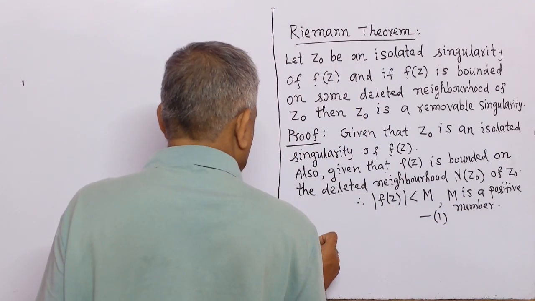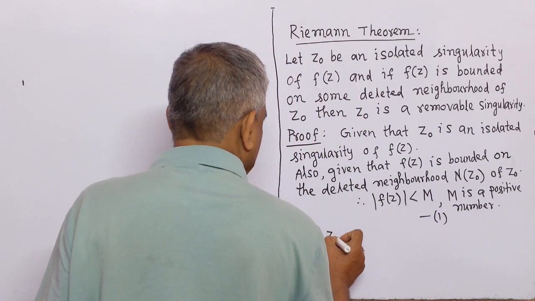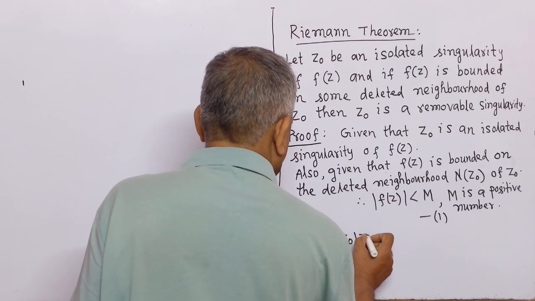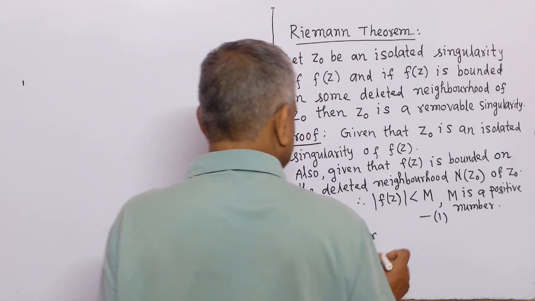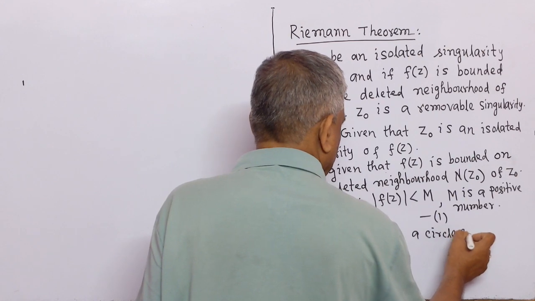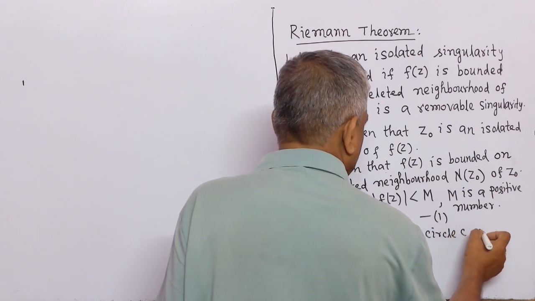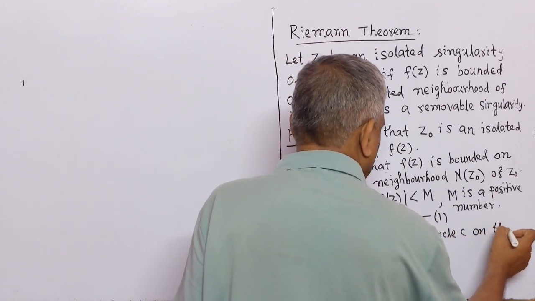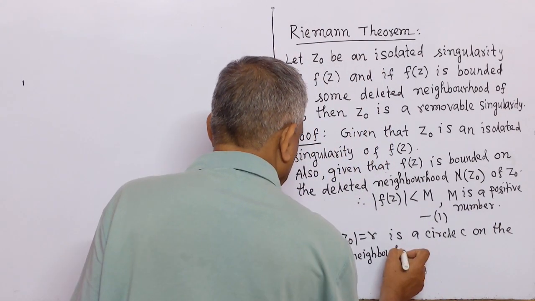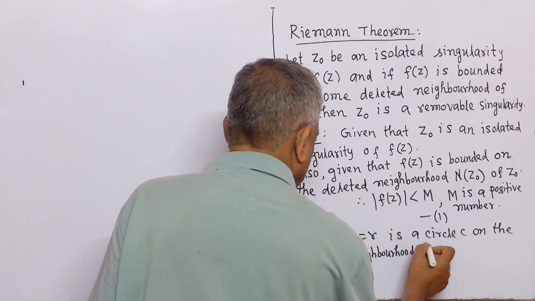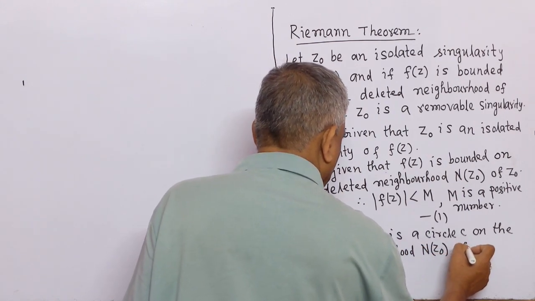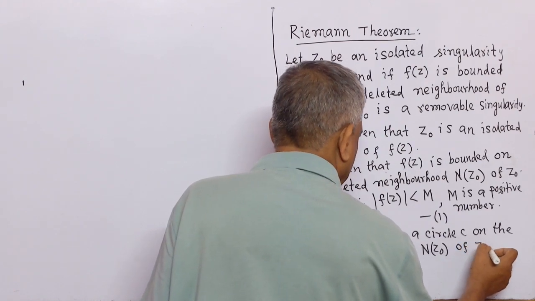Let modulus of z minus z naught equal to r be a circle C on the deleted neighborhood in z naught of point z naught.